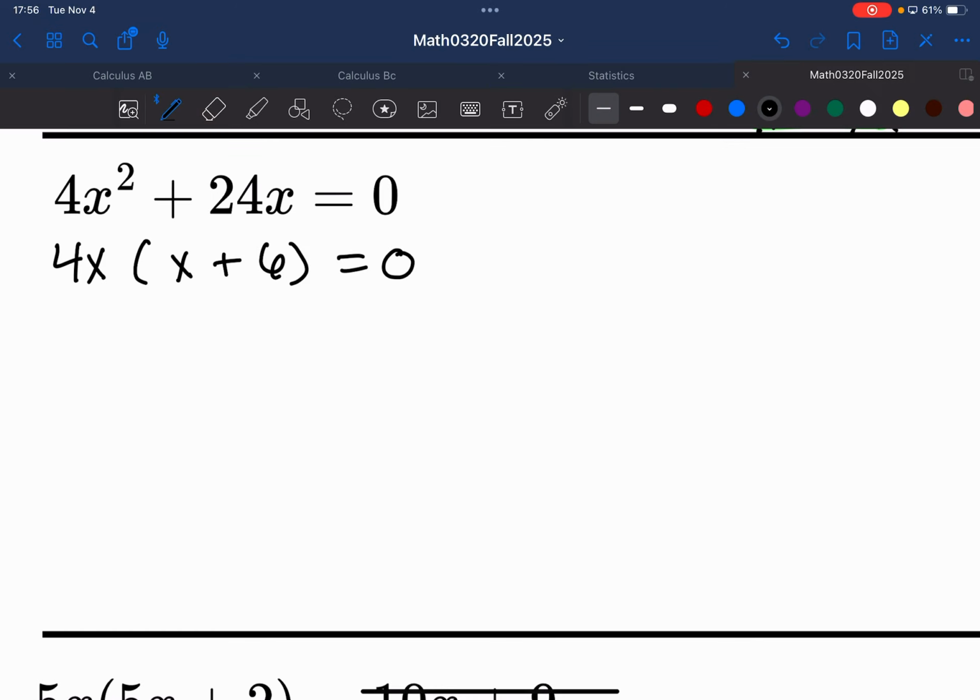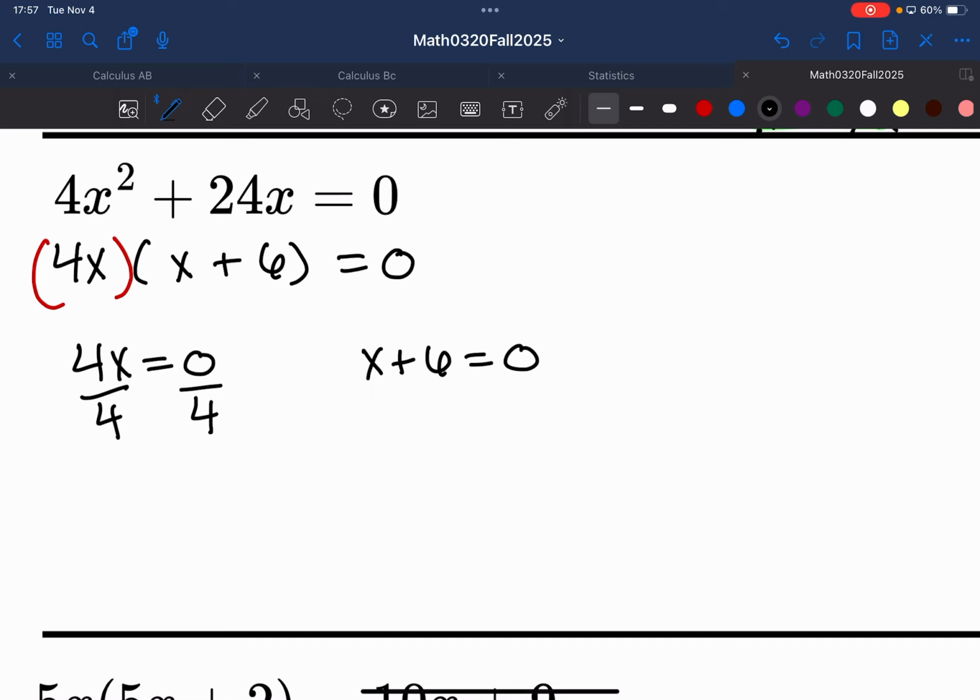Okay, so just like on the beginning part of the notes, I'm going to pretend this is in parentheses, and I'm going to set each of those parentheses equal to 0. So I have 4x equals 0 and x plus 6 equals 0. So how would I solve the first one? Divide by 4.